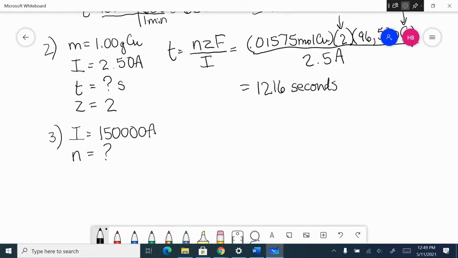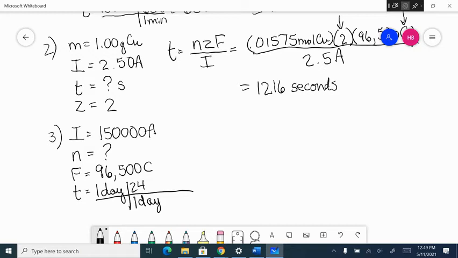So we're solving for N. F is always a constant. And time is 1 day. And when you convert 1 day to seconds, this would be the conversion.